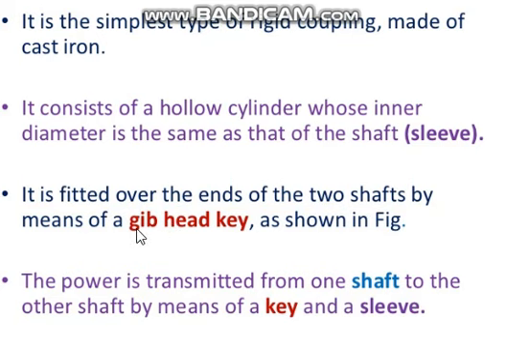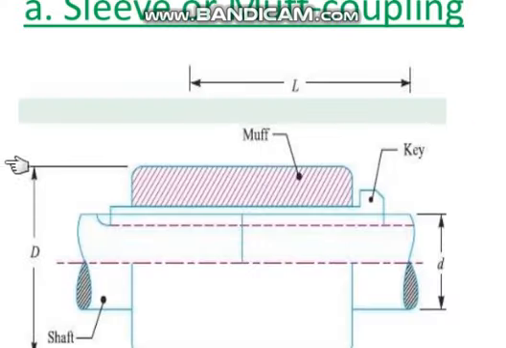It is not necessary that it should always be a jib-headed key only, it can even be an ordinary sunk key. The power is transmitted from one shaft to the other by means of the key and the sleeve. If this is the motor shaft, it is the rotating driver shaft. Because it has power, this power is transmitted to this key, and this key is in this sleeve.